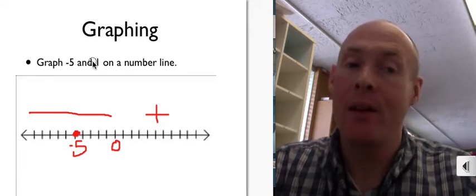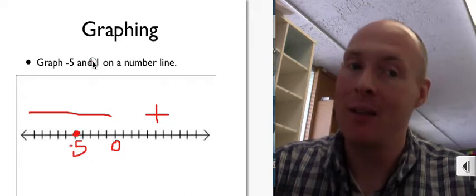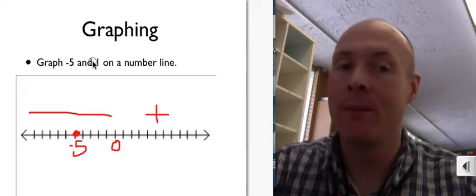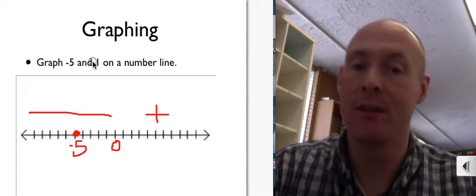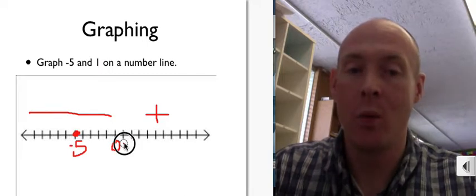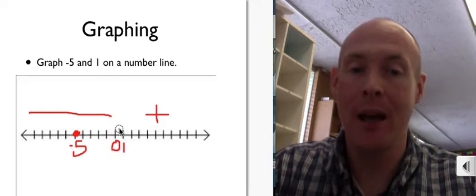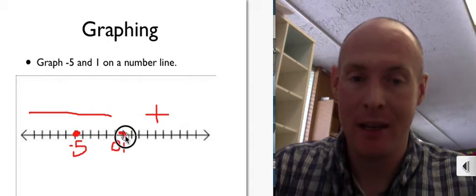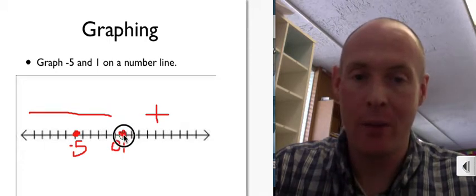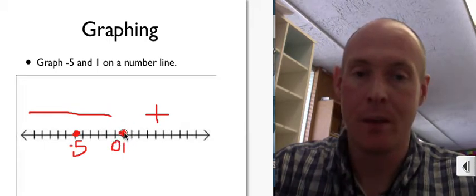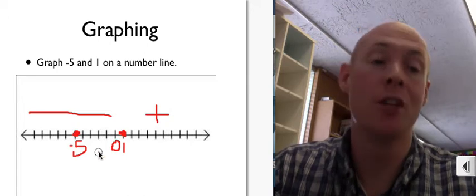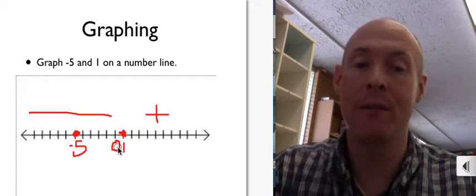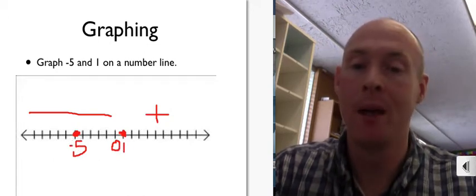In math, if there's not a negative sign, if it's just the integer by itself, it's taken that it is positive. So our 1 will go here, and again, mark it with that dot right on the 1 line. Perfect. What we've just done is we've graphed -5 and 1 on the number line.